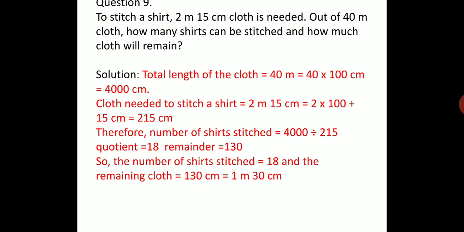No other number should be used to reduce this number. So the quotient will come 18 and the remainder will come 130. So the number of shirts stitched equals 18 and the cloth remaining equals 1 meter 30 centimeter. Come to the next slide now.